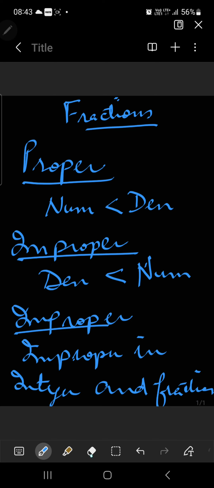Okay. So now after these three types of fractions, we will move on to see how we can add fractions, how we can subtract fractions, how to simplify fractions questions. Okay.